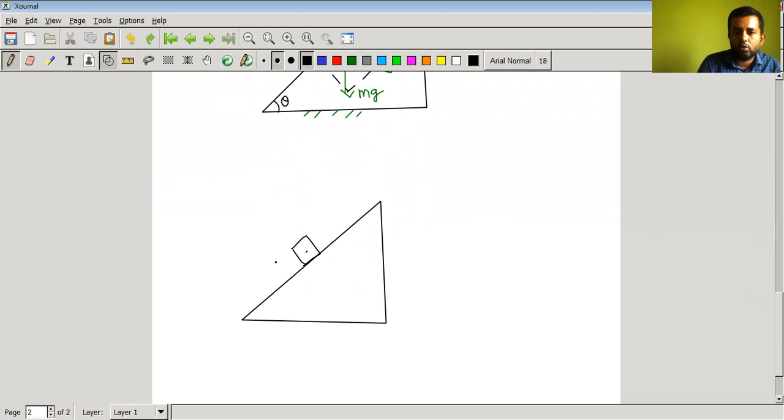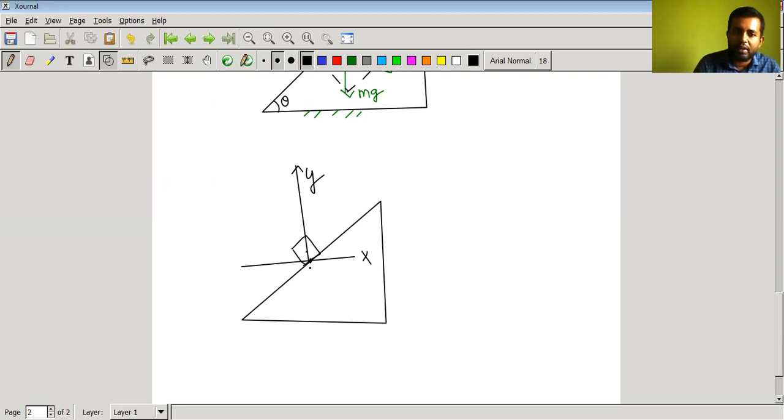So we are going to say that this is our x-axis and this is our y-axis. Now this is horizontal and this is perpendicular, the general way we draw x and y axes. Now in this case how do we resolve it?